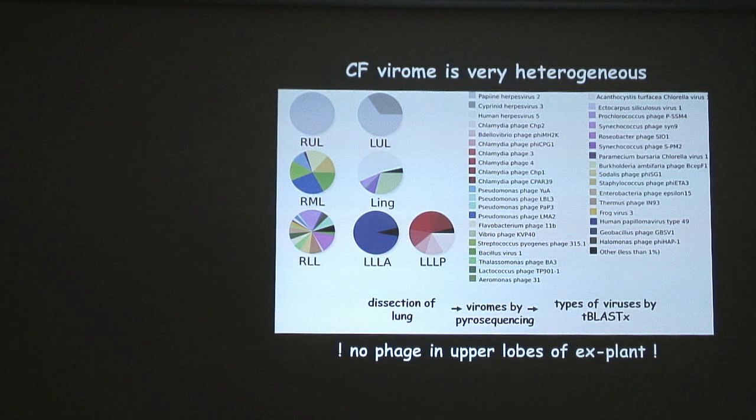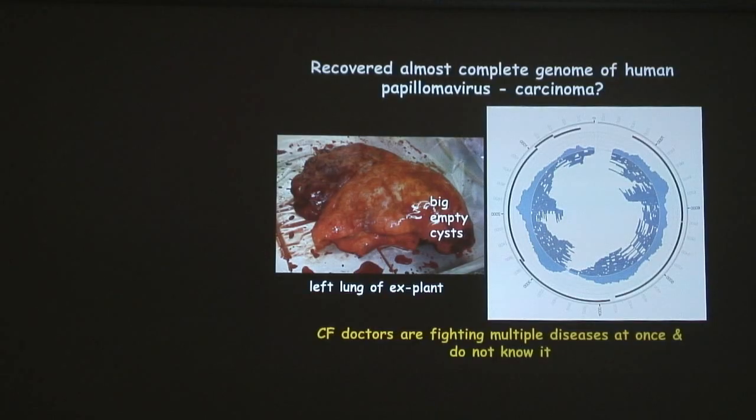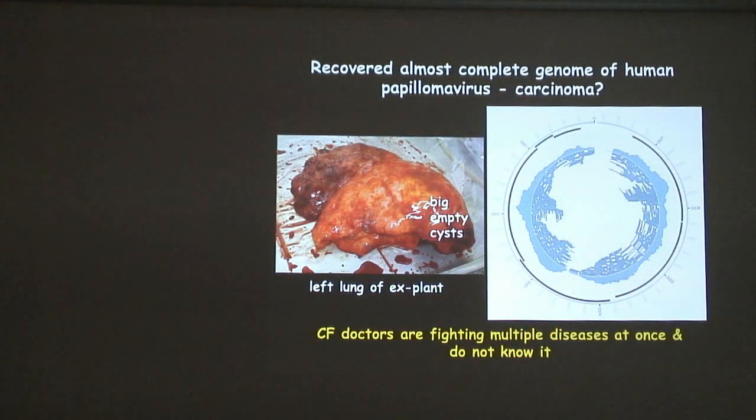The other thing that's happening, which I think is really important when you're thinking about the medical implications, notice right here, this is one of the lungs, and when we look at it we notice there are little cysts in the system. And those cysts are basically an HPV carcinoma.